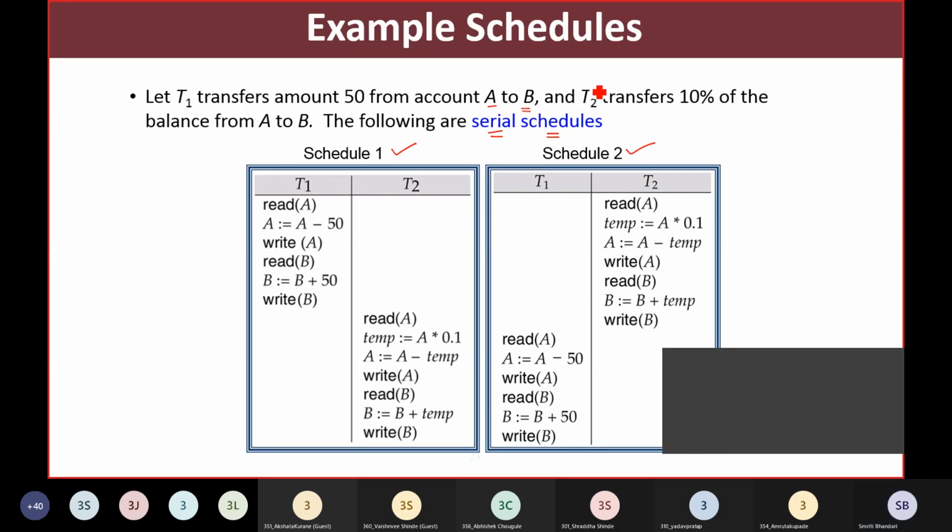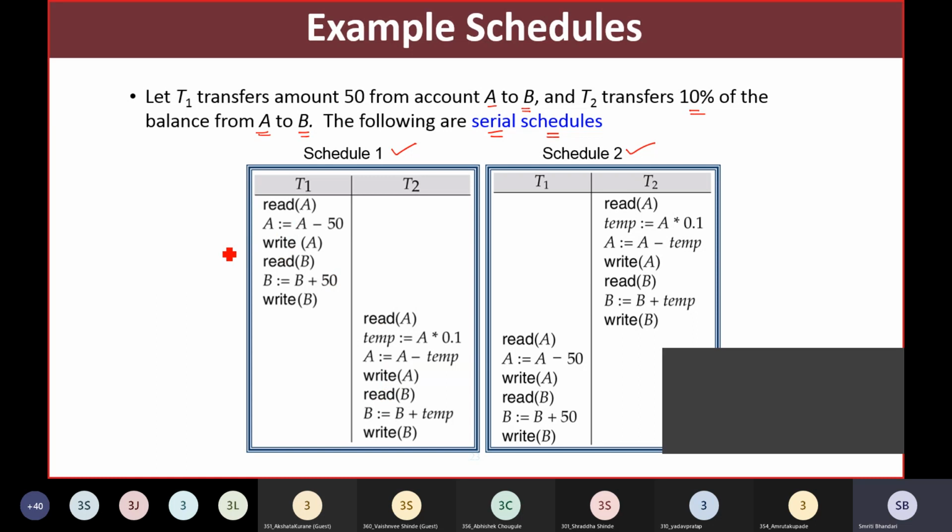T1 is transferring amount 50 from account A to account B. And what is T2 doing? T2 is transferring 10% of the balance from A to B.